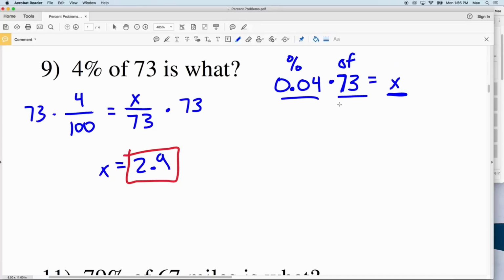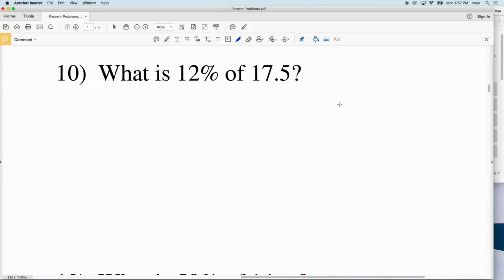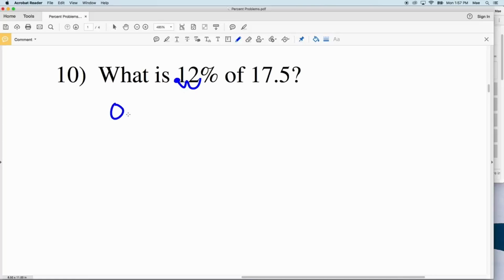So let's move on to number 10, knowing that trick. It asks us what is 12% of 17.5. So we're turning this into a decimal by dividing by 100. So that's going to be 0.12. So there's our percentage in decimal form. And we're going to multiply it by the number that the percentage is of.